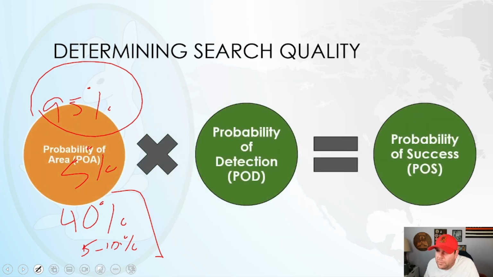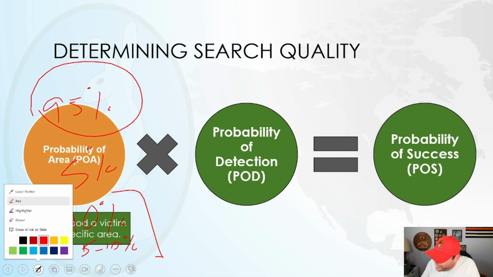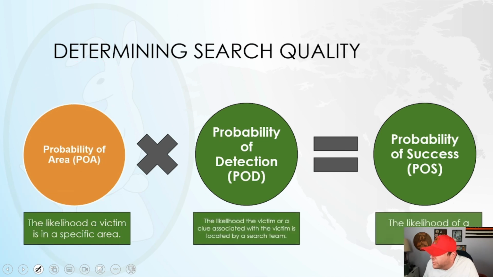All right. So let's clear this and let's continue to talk about determining search quality. Whenever you're returning to your command post, be prepared to discuss that. And whenever we look at the equation again of probability of area times probability of detection equals probability of success, this is our baseline equation.